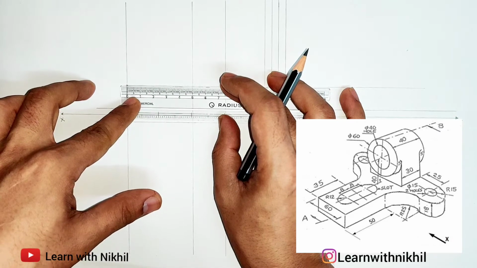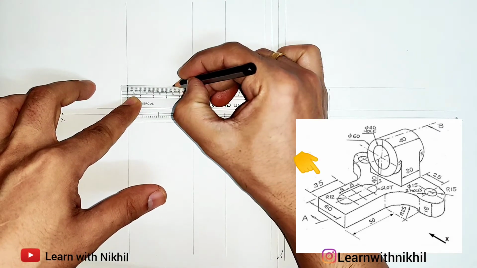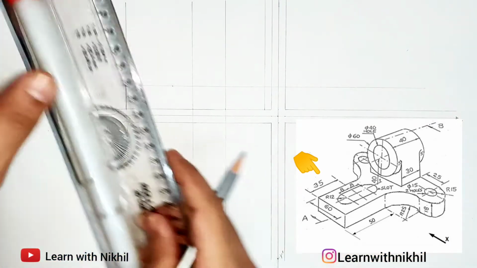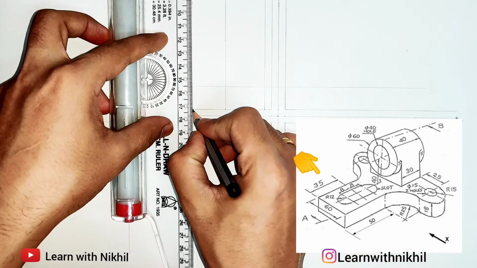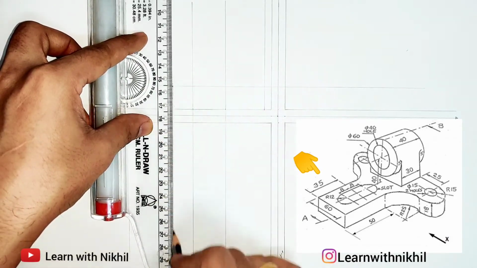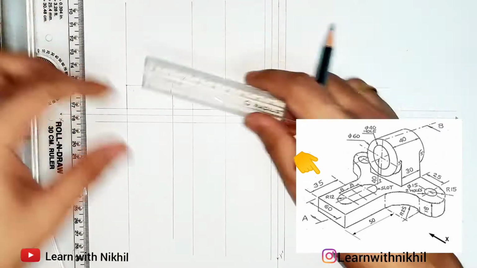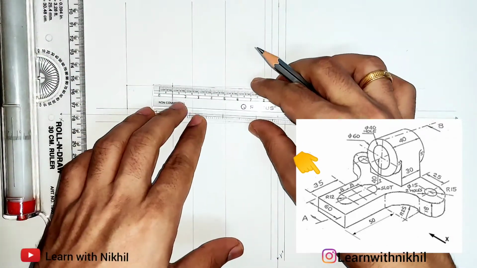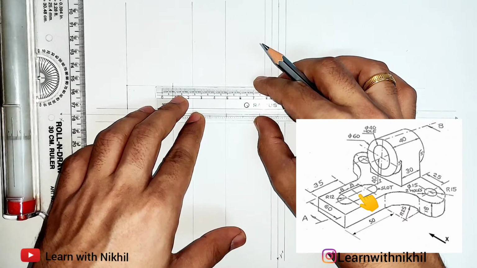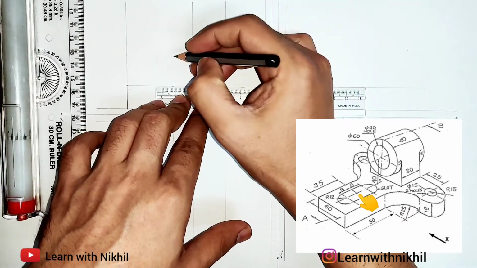Now next you have the dimension of 35 till the center of this circular part. It's in the shape of an ellipse, or two semicircles joined. So this is the center of that. Then you have dimensions of 8 millimeters on each side, as you can see in the question.